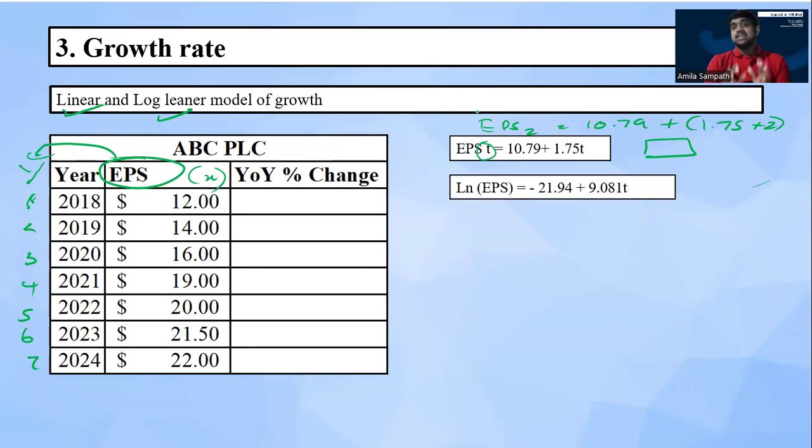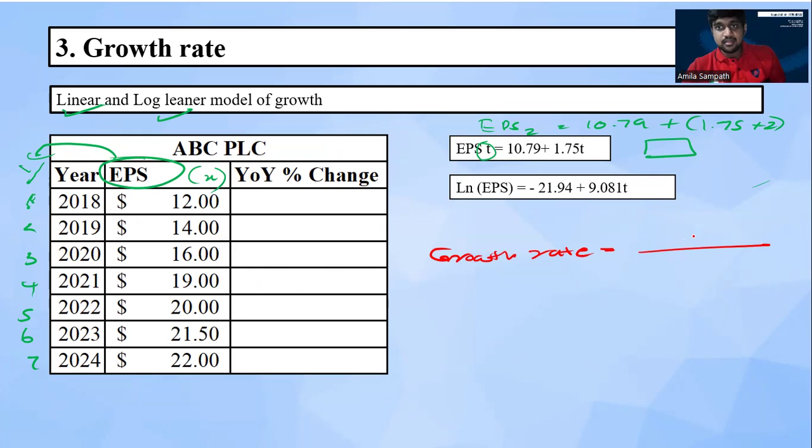Main thing is, actually we don't need to identify the earnings per share for each year. We need to identify the growth rate. How can we identify the growth rate based on this historical data and this regression formula? Simply we can calculate it.